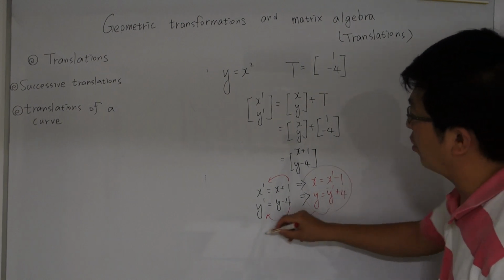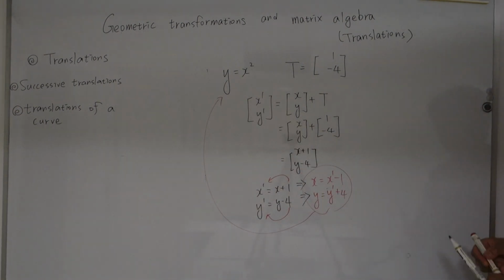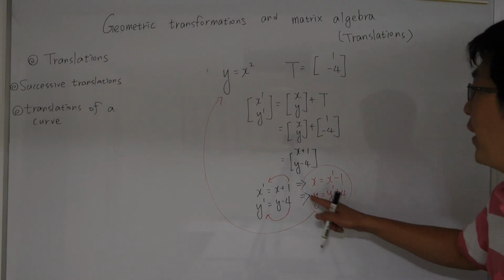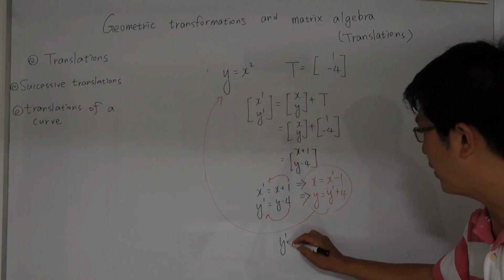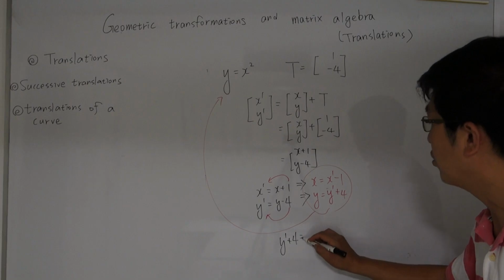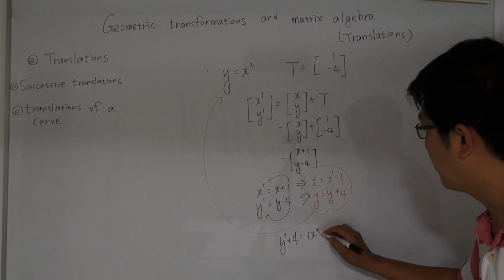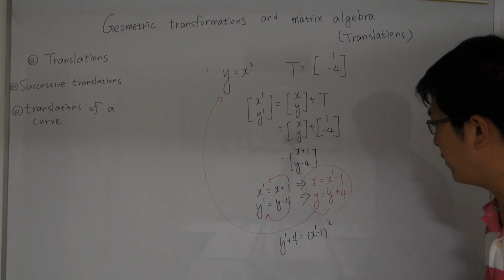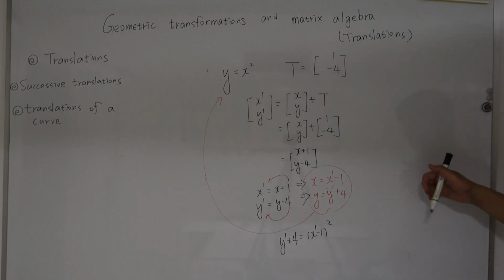Here we sub into the original function and we can get, can you see that? Yes or no? So we get y' plus 4 equals x' minus 1 squared, right? Therefore we solve this one.